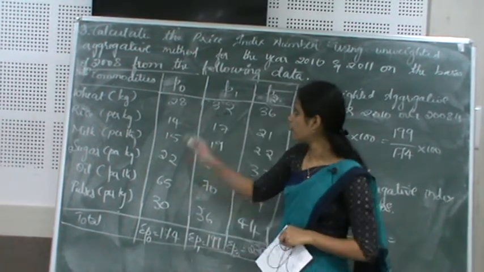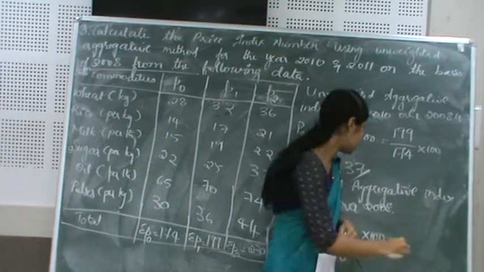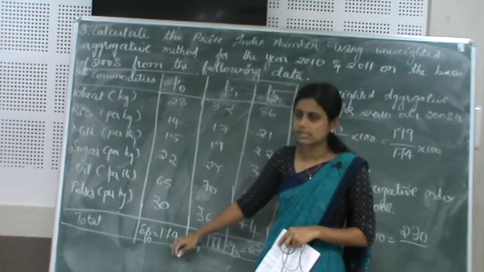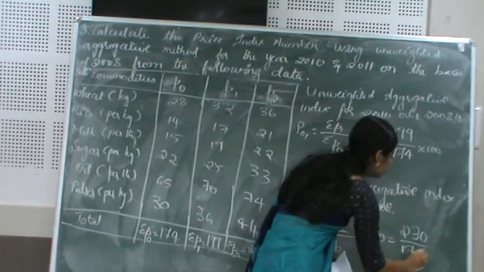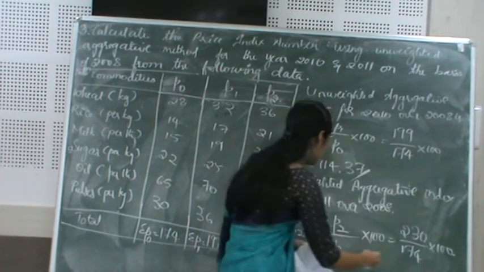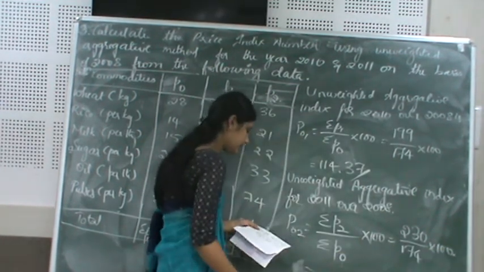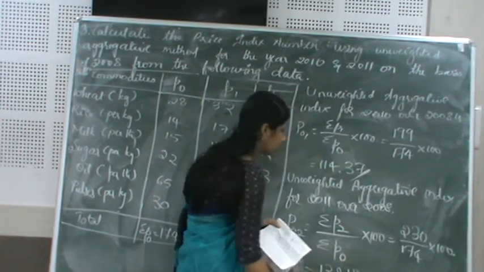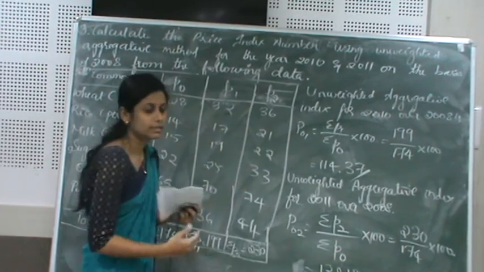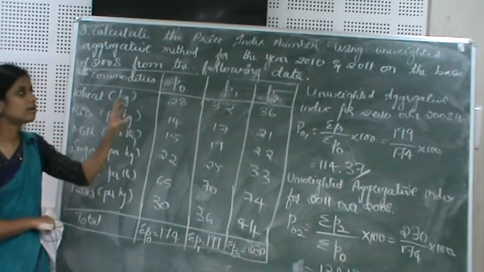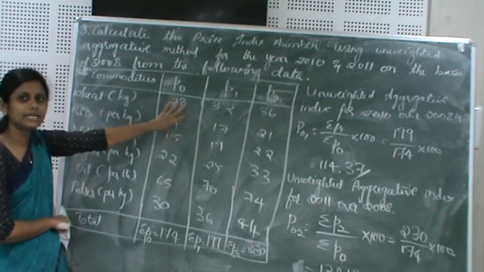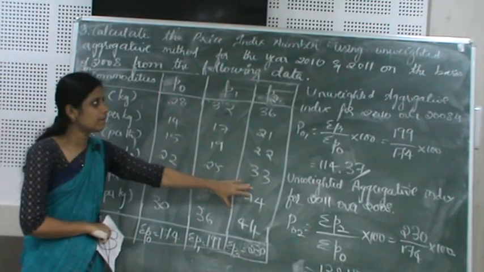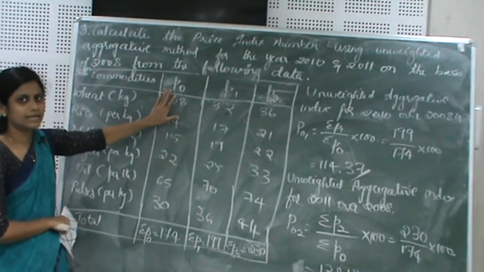Summation of P2 is 230 divided by summation of P0, which is the same, 174, into 100. When you multiply and divide, the answer will be 132.18. That's how we have calculated the price index number under unweighted aggregative method for the year 2010 as well as for the year 2011 on the basis of 2008.